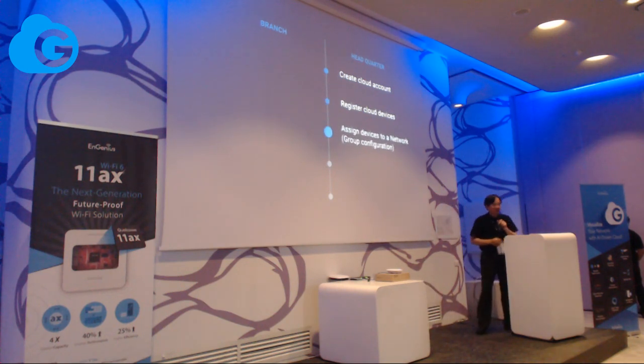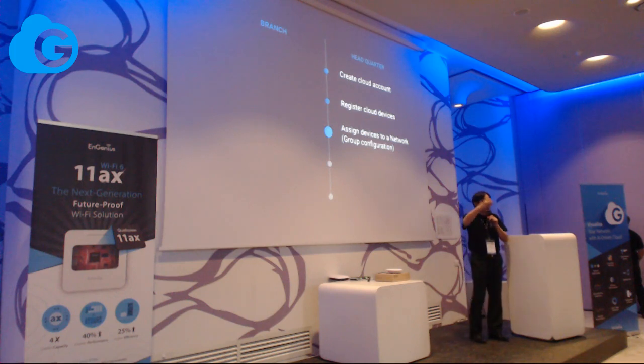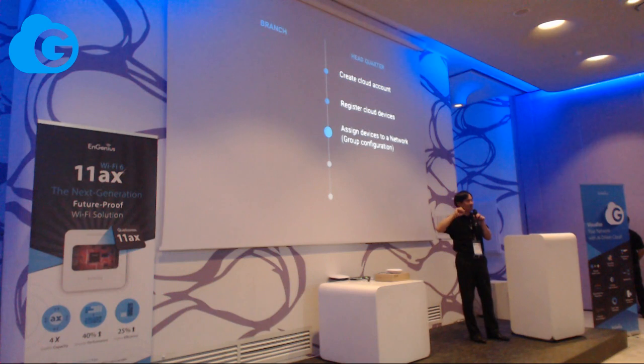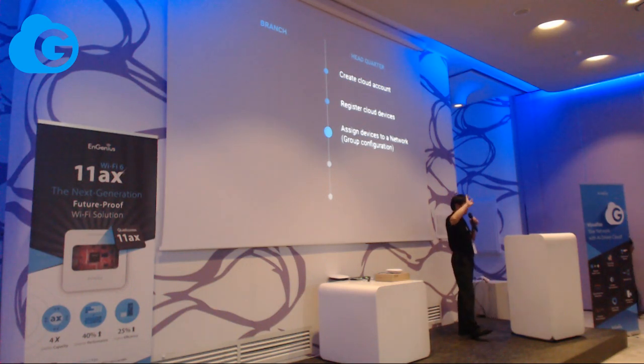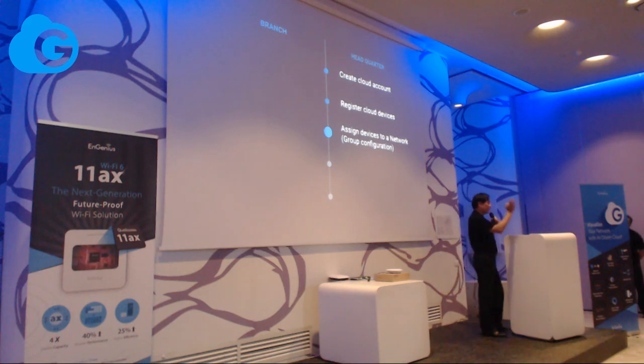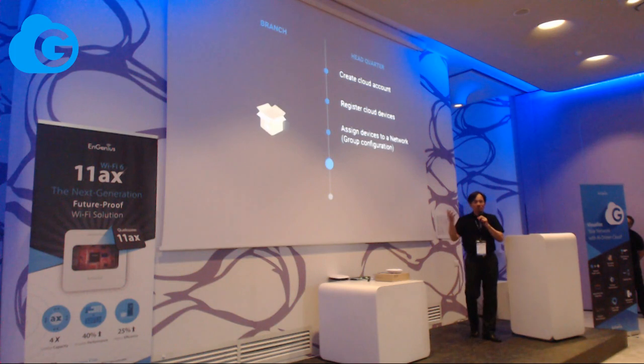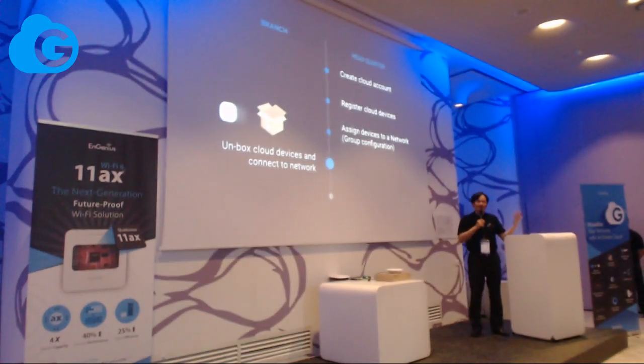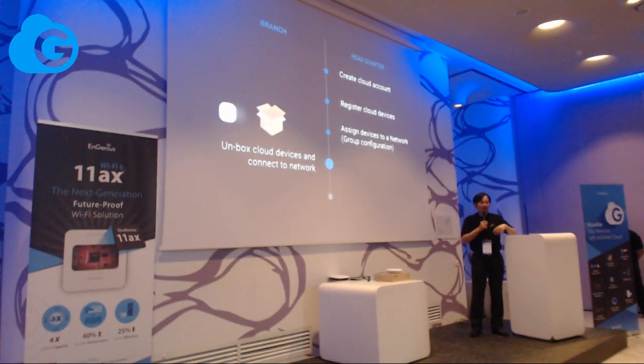Once it is registered and put into one network, which we call a group configuration, simply do 3 steps. For the branch office, as you can see, we just ship the box, unbox it, and then plug it into the network, and it should work.